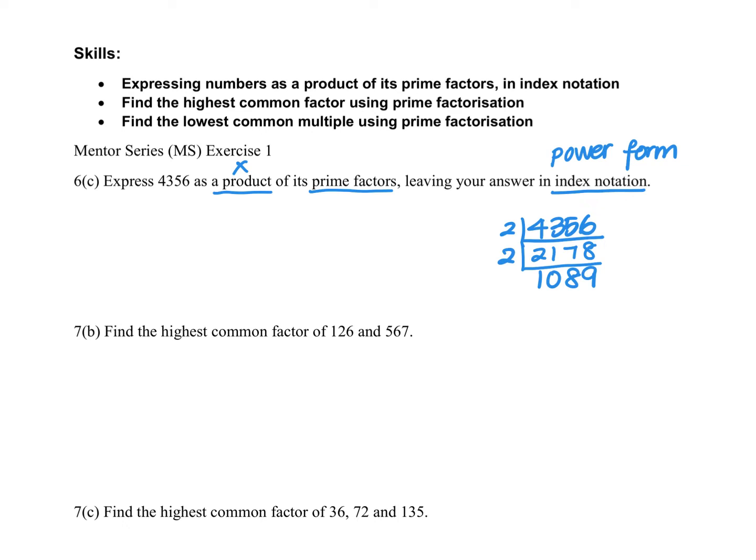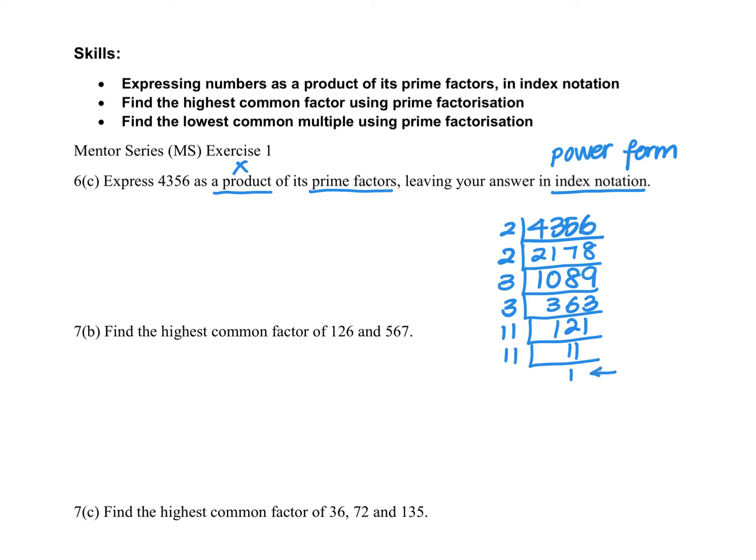Let's check if this is divisible by the factor 3. Yes, it is. So I'll divide it by 3, and I get 363. It looks like it's divisible by 3 again. I shall continue to divide by the smaller prime factors first, so 121, and this looks like a multiple of 11, so I'm going to divide by 11, which gives me 11 again, until I get the number 1.